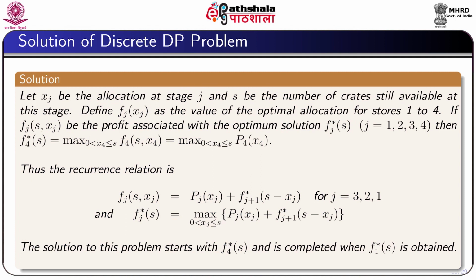Then the recurrence relation can be obtained for j equal to 1, 2 and 3 as f j s x j equal to P j x j plus f j plus 1 star s minus x j. The solution to this problem starts with f 4 star s, that is, we will first allocate in the fourth store and then we will proceed backward.